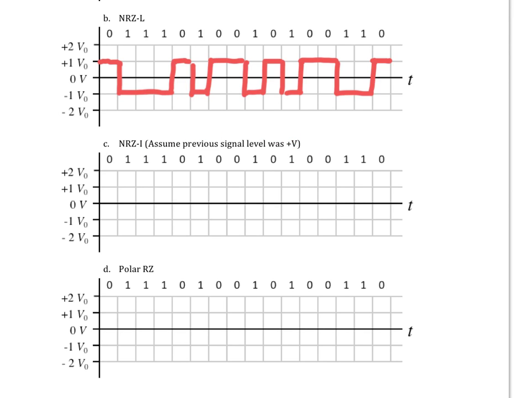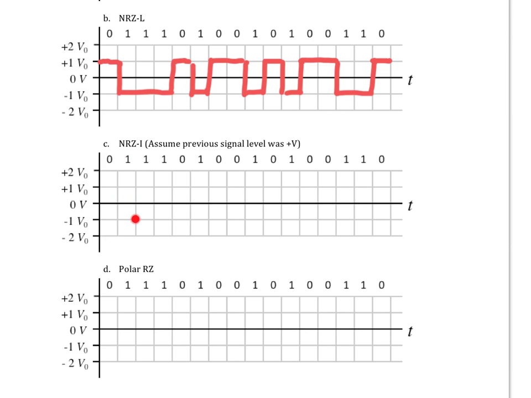The previous voltage level was positive, and the pattern is voltages plus or minus V naught, where V naught is V with a subscript 0. So a 0 means no transition, and if it was positive, it stays positive. We're going to have a transition at the start of the bit period every time we have a 1. So here we have a 1 in this bit period, so we're going to have a transition.